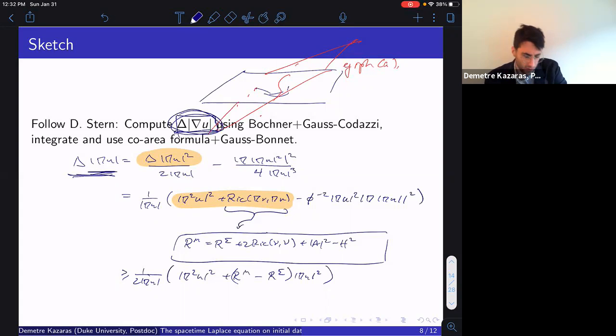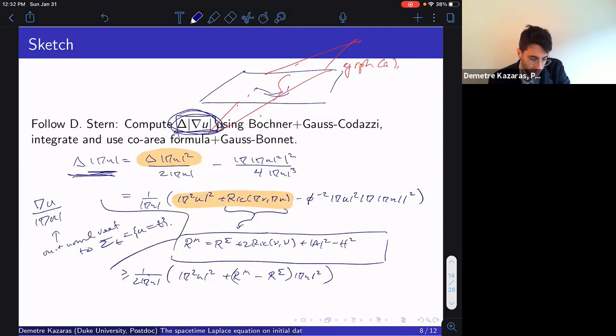Okay, now what is the idea? Well, remember that the gradient of your function divided by the norm of the gradient of the function is a vector field of unit length, wherever the gradient is non-zero. Take a regular level set of the function, Sigma_t, which is a shorthand notation for the set of points where u is equal to t, the level set corresponding to t.